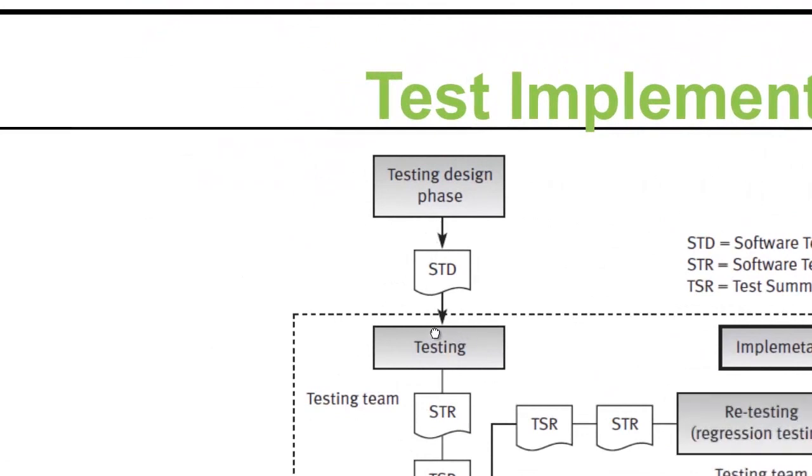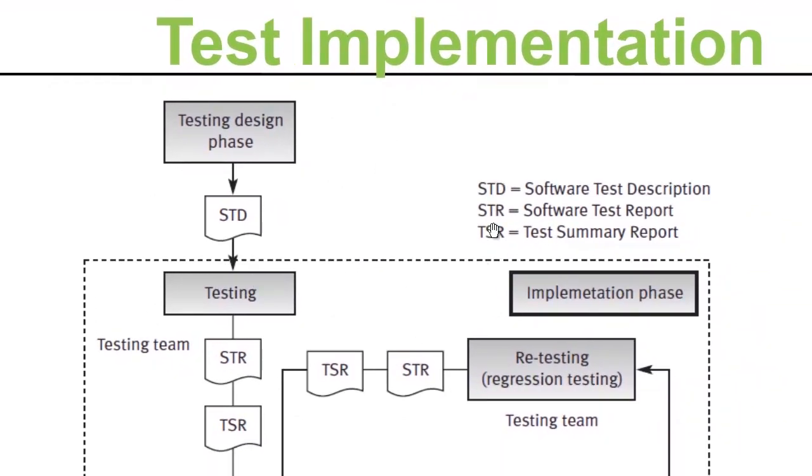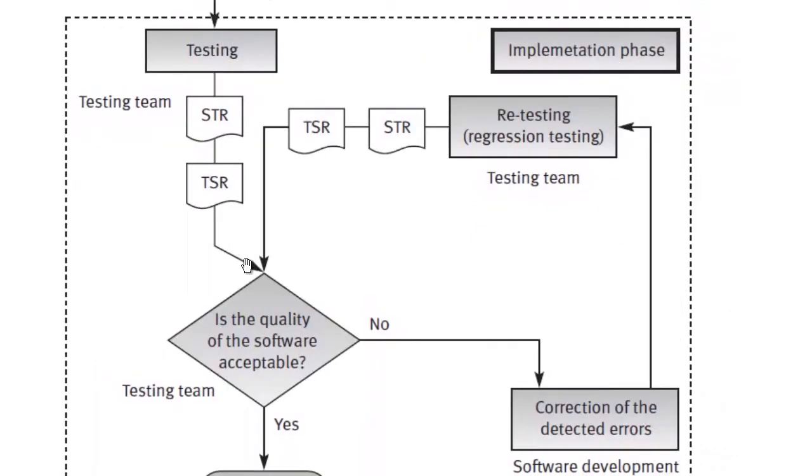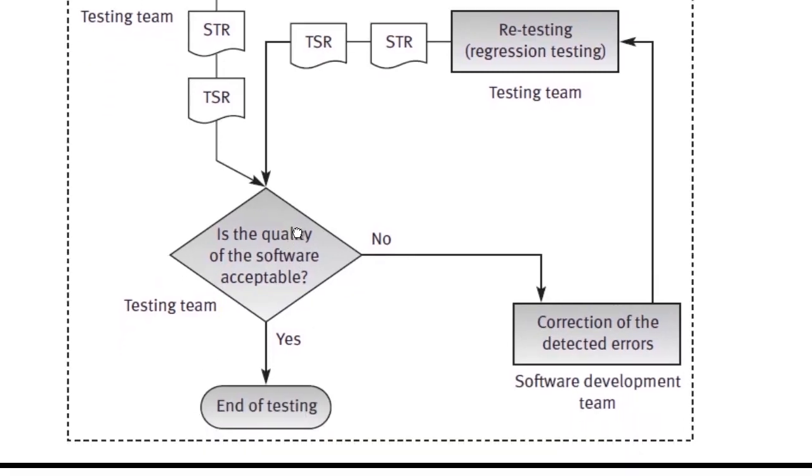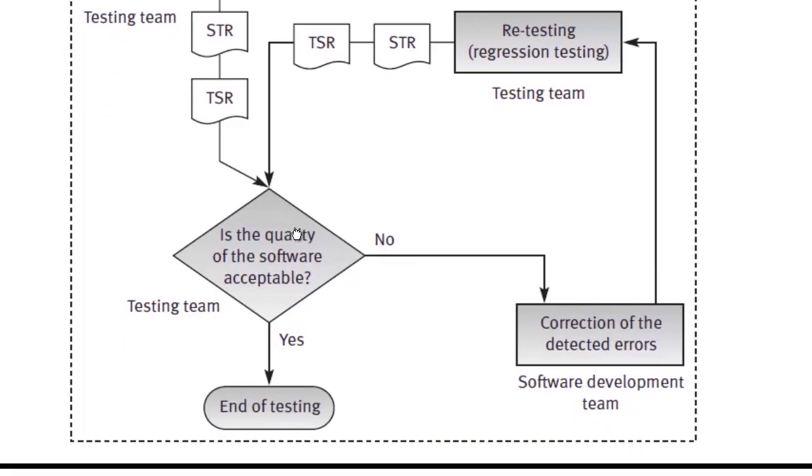Test design phase, software test description, testing, software test report. Next, test summary report. Is the quality of the software acceptable? If it is yes, you end the testing process.